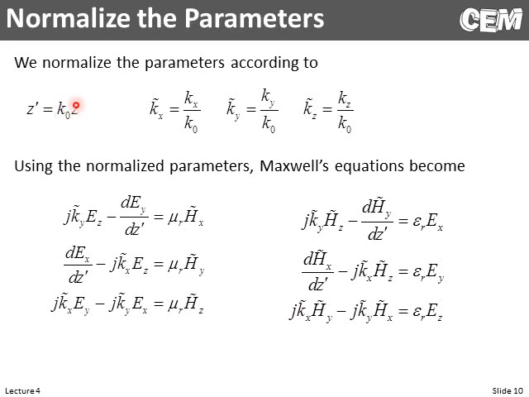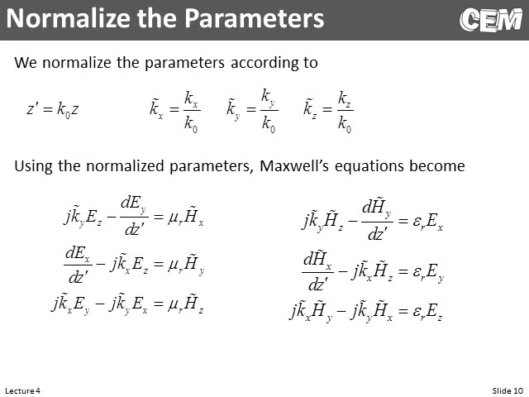So really what's happening here is we're taking a dimension, dividing by wavelength, so it comes out unitless. It's just convenient to leave the 2 pi in there. So our normalized z coordinate is k0 times z, and it won't have any units because we had a dimension divided by a dimension, and it's gone.